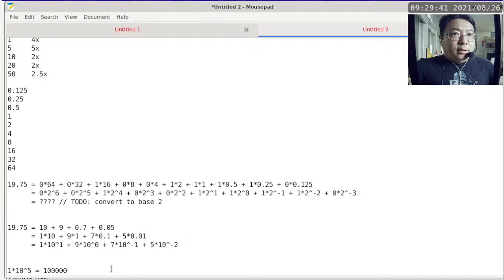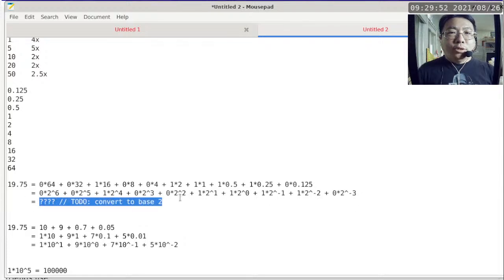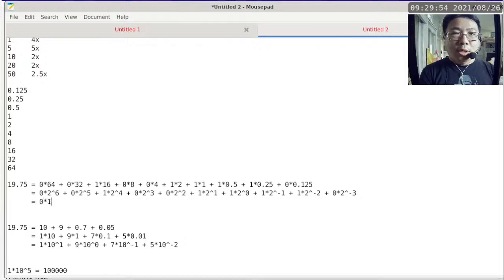So this gives me a little bit of a clue to go back to my original question, because if I need to represent 2 to the power of 6, I can now just say that this is 1 followed by 6 zeros, 1, 2, 3, 4, 5, 6, but in base 2. So instead of using 10 to the power of 5, this is using 2 to the power of 6, because there are 6 zeros after the 1.